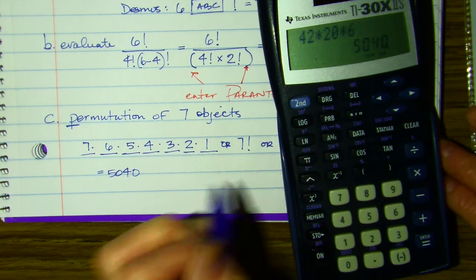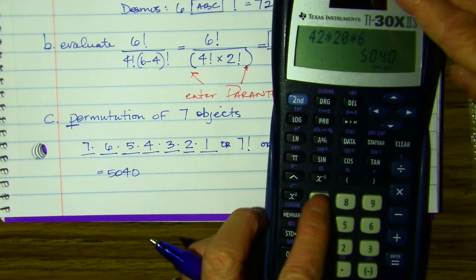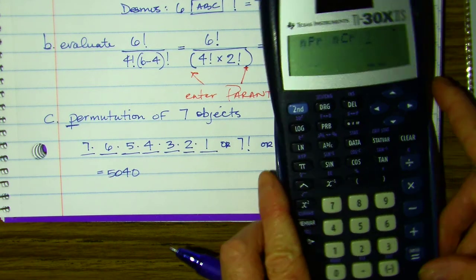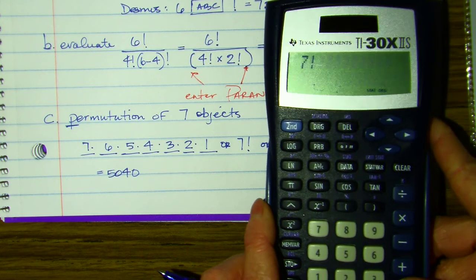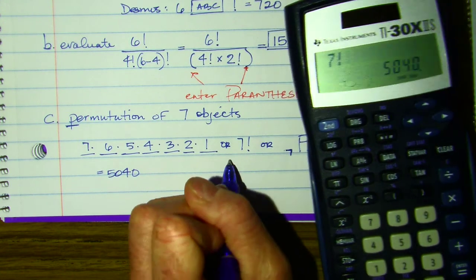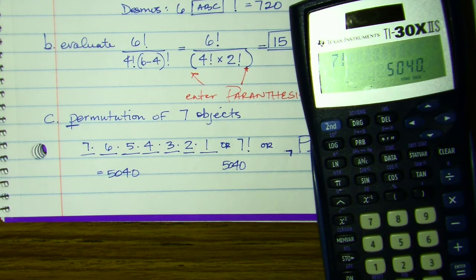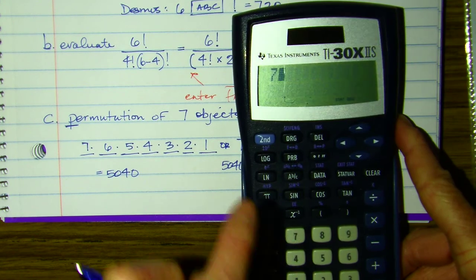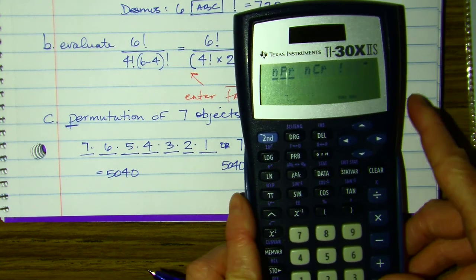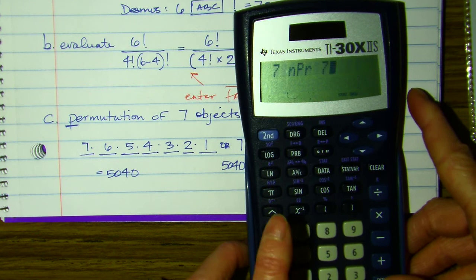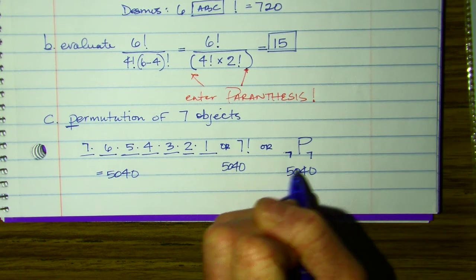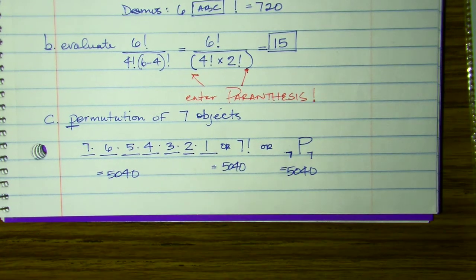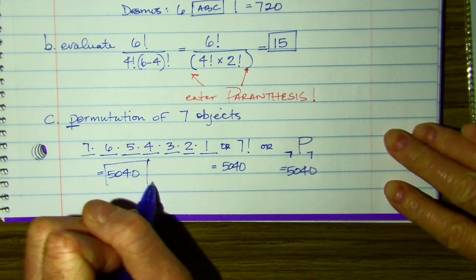Or I could enter 7 factorial, so 7 probability factorial. Hit enter and I get 5,040. Or I could hit 7 and then go to probability, hit NPR, and I'm choosing 7, and I still get 5,040. So either way that you enter it, your answer is 5,040.